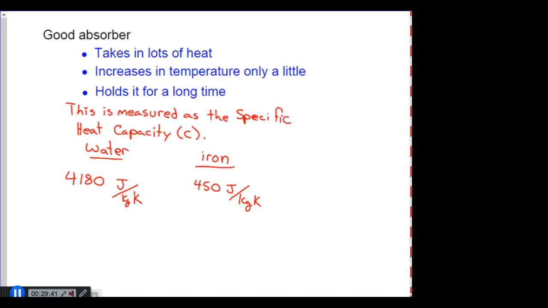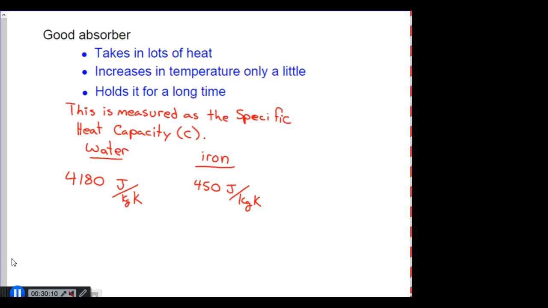Think about cooking utensils. If you decide to try to cook with a metal spoon and stir the soup pot and leave your spoon in the soup pot, what happens to that spoon? Very warm. It's probably going to be so hot that it will burn you the next time you try to stir the soup pot.